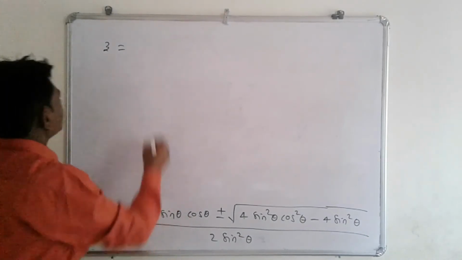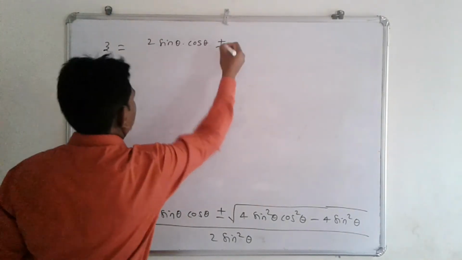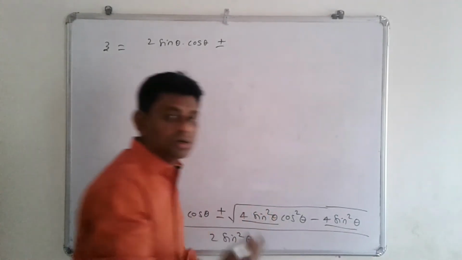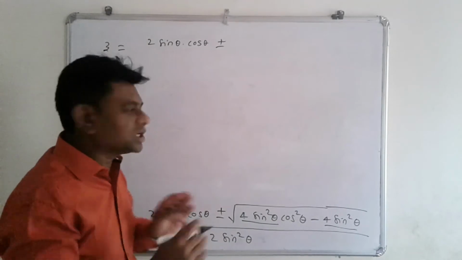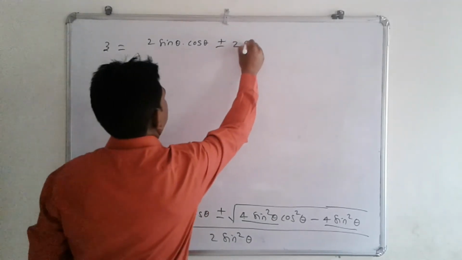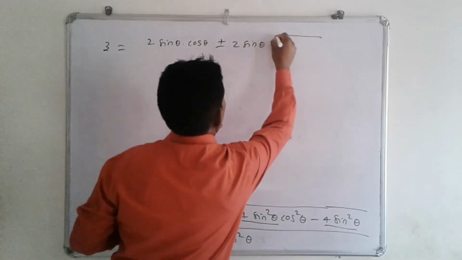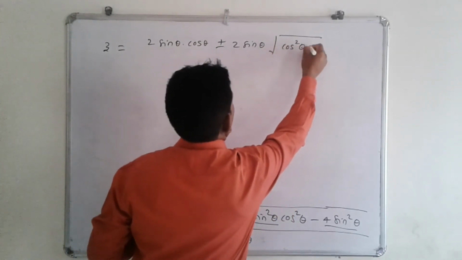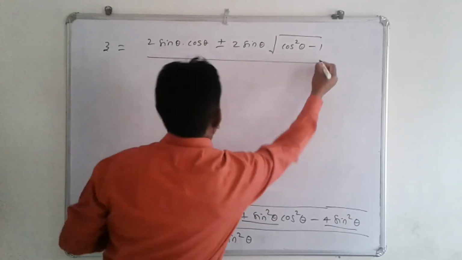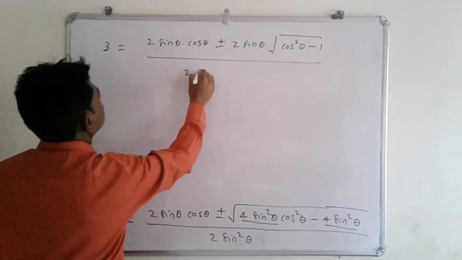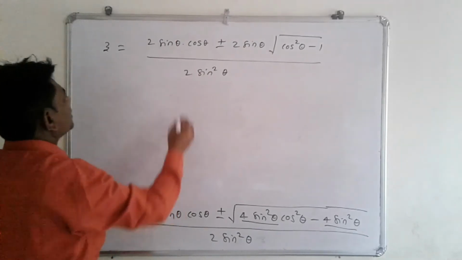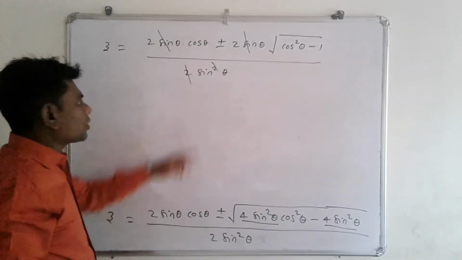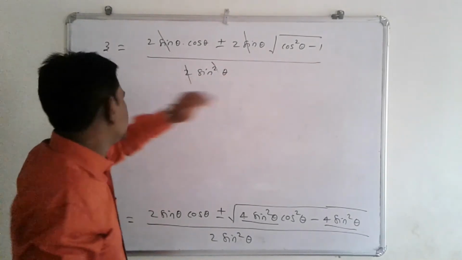2 sin theta cos theta plus minus, now here 4 sin square theta is the common term, and root 4 sin square theta, answer is 2 sin theta, root cos square theta minus 1, upon 2 sin square theta. Now 2 sin theta gets cancelled from 2 sin theta in the denominator.